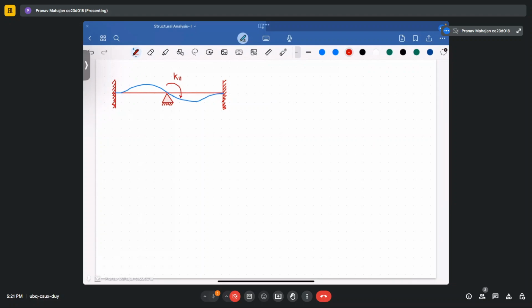Here you will get two reactions. Moments will also be developed at these points, and due to that, far end moments will also be developed like this.